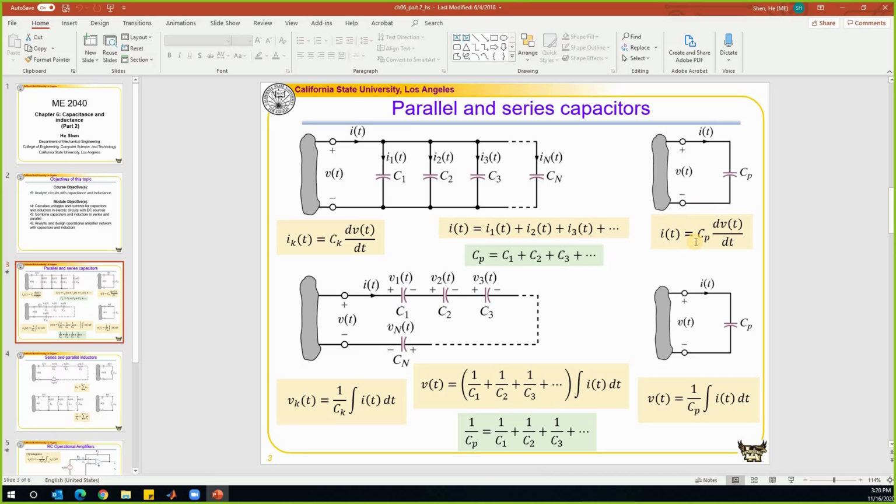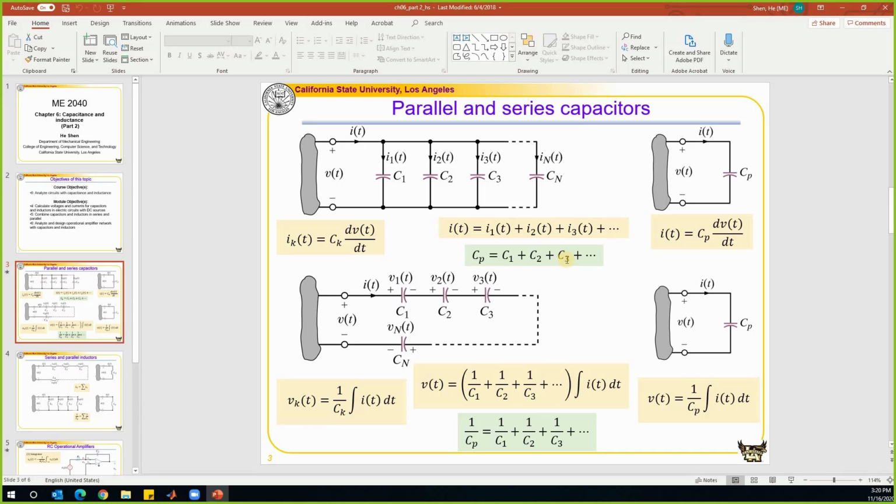And this current can be calculated by using the fundamental equation that we reviewed just now, Cp times the rate of change of voltage. On the right-hand side, we can calculate the current by using C1 times dV over dt, and the voltage is the same voltage, so we have C1 dV dt. And the current I2 is equal to C2 dV dt.